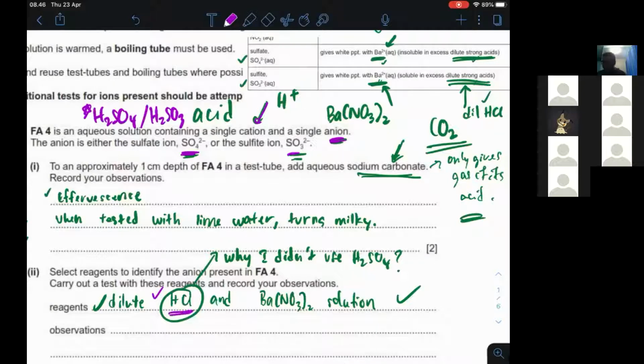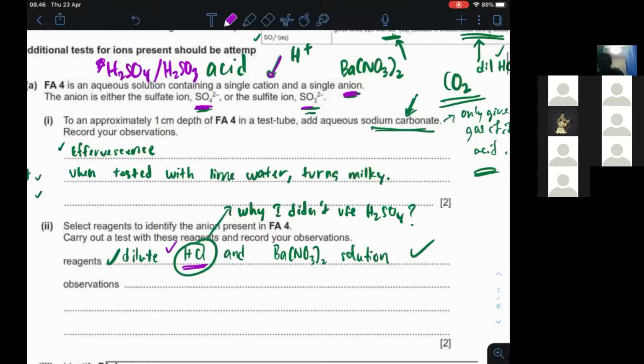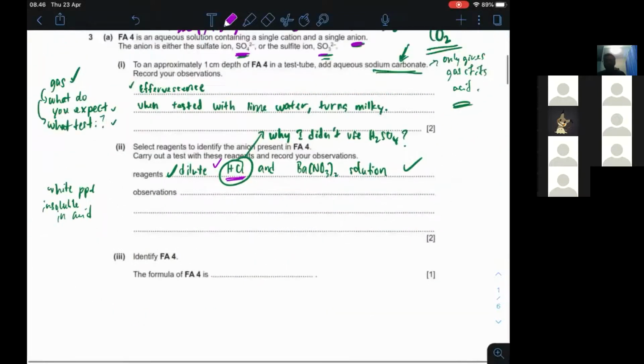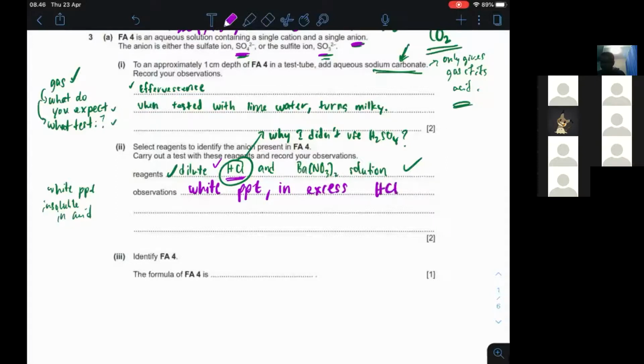So I'm using HCl. You can also use HNO3. The observation that you will see when you do the practical is that a white precipitate will be formed, and when you add excess acid, which is HCl, the white precipitate is insoluble, so it remains there.